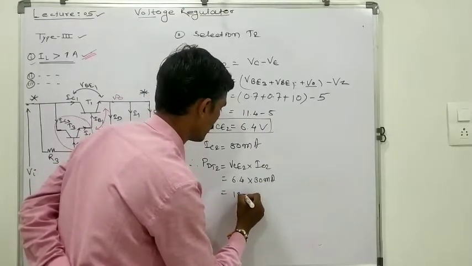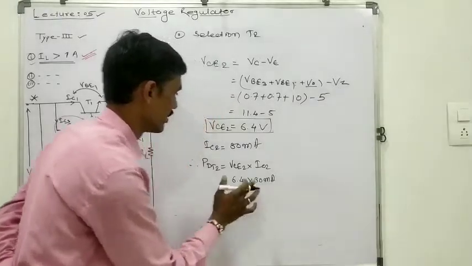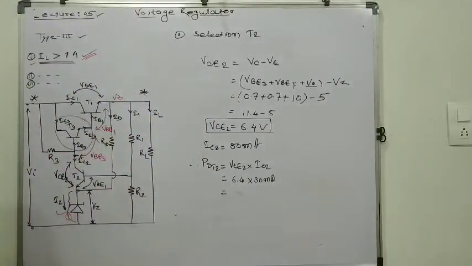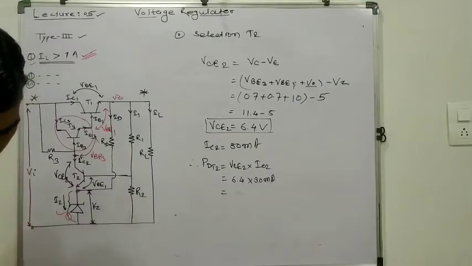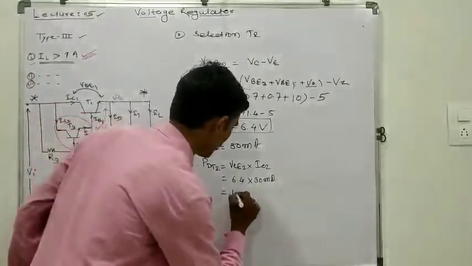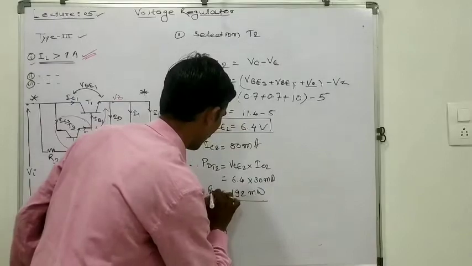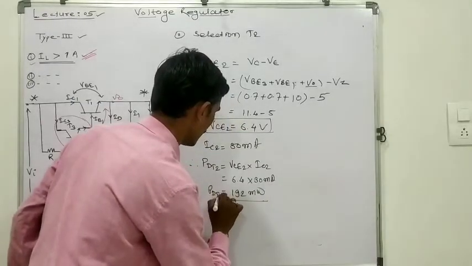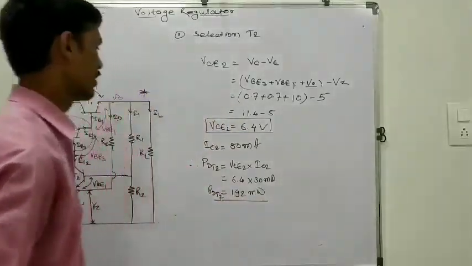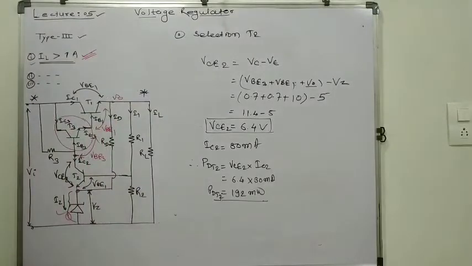Sorry, it is not 18.3. Actually for transistor T2 it is 192 milliwatt. So power dissipation across the transistor T2 is 192 milliwatt.